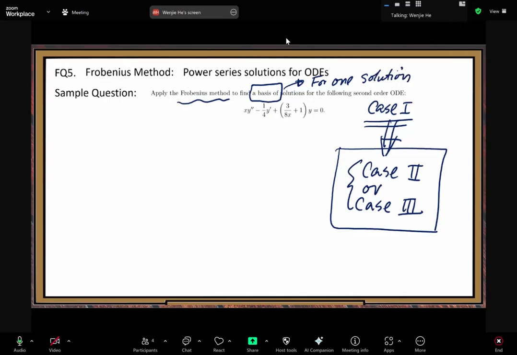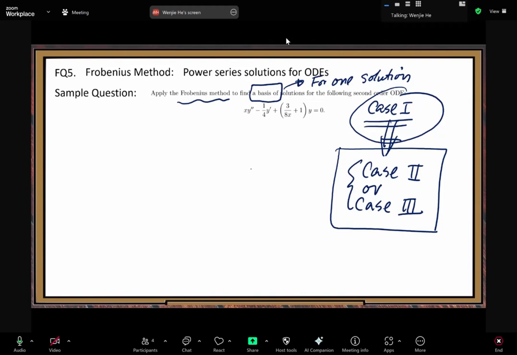You basically do the same calculation as the first one, so why repeat the same thing? So if I choose case 1, I only ask you to calculate the first solution. I will let you know on Thursday.